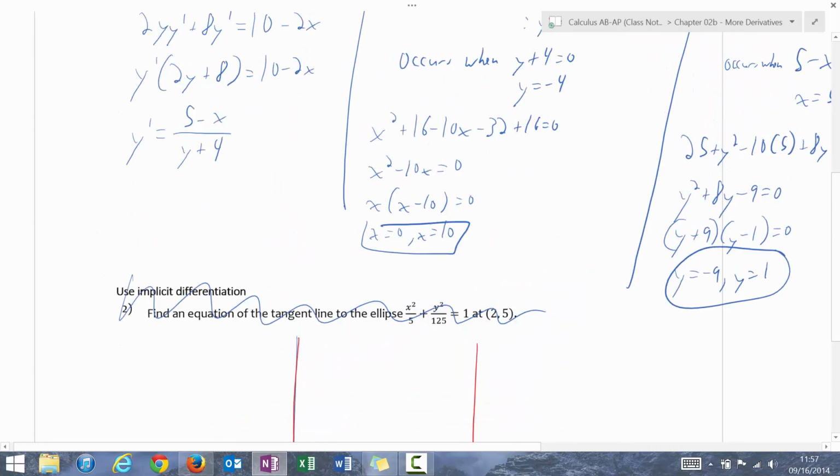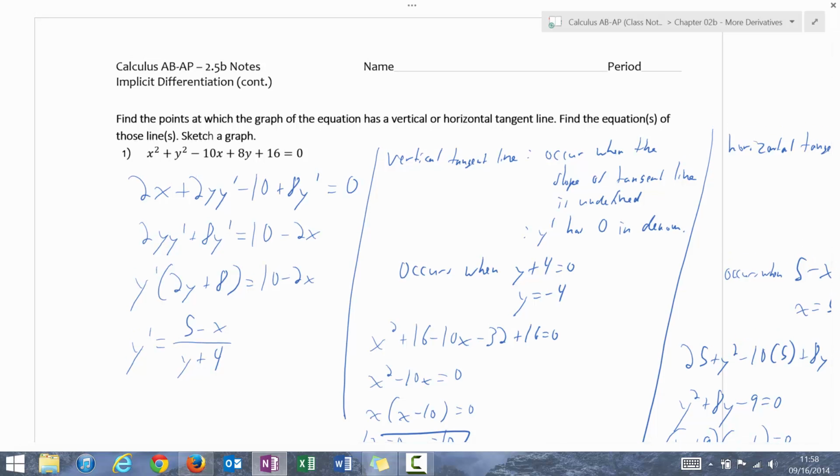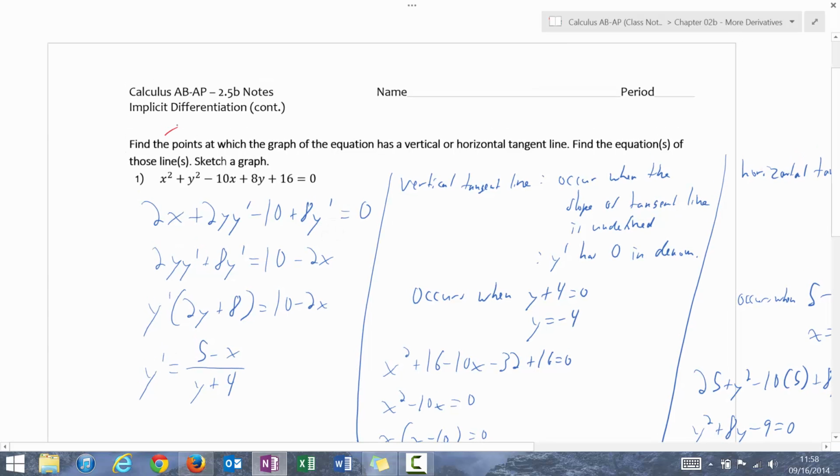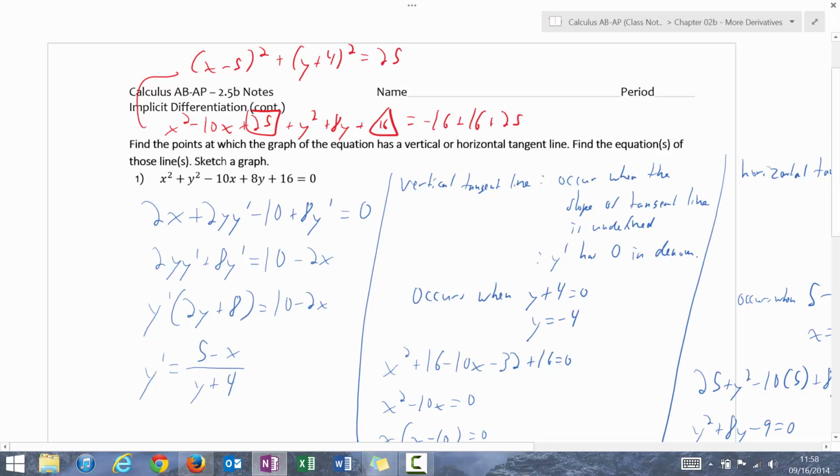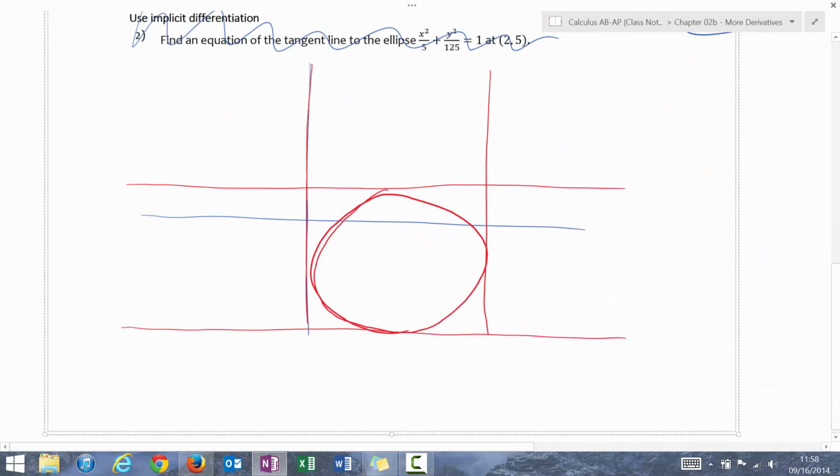I could have gone back to the original equation and completed the square on x squared minus 10x, adding 25, then y squared plus 8y plus 16, equals negative 16 plus 16 plus 25, and I would have gotten x minus 5 quantity squared plus y plus 4 quantity squared is equal to 25. So this is a circle centered at (5, negative 4) with radius 5. So that's kind of what we see here.